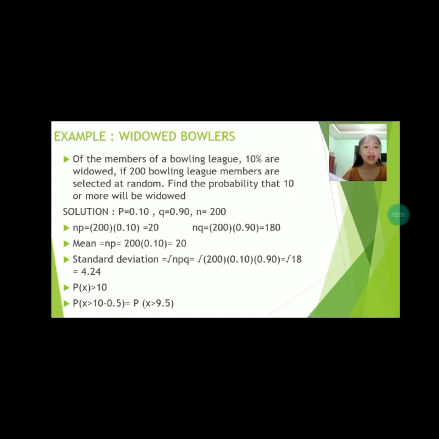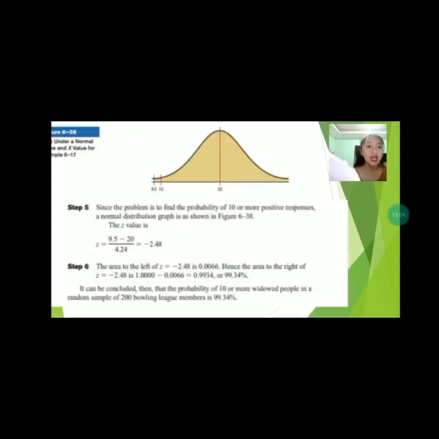So P of X is greater than 10. Minus 0.5, we subtract 0.5, which results in 9.5. This is the normal distribution as a binomial approximation.